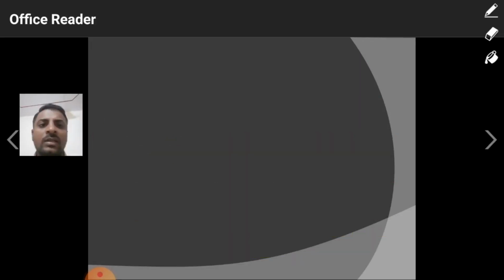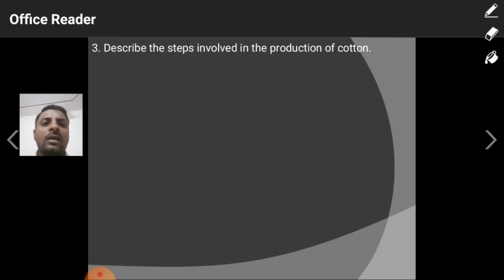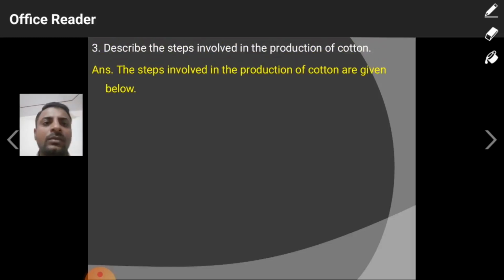Next question is, describe the steps involved in the production of cotton. The steps involved in the production of cotton are given below.